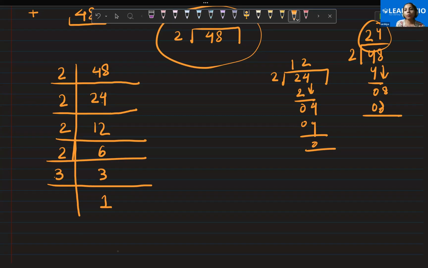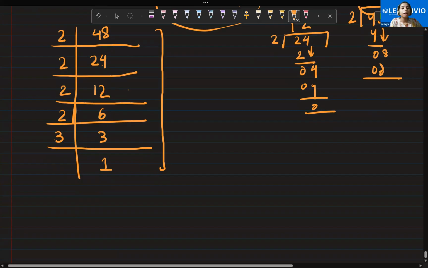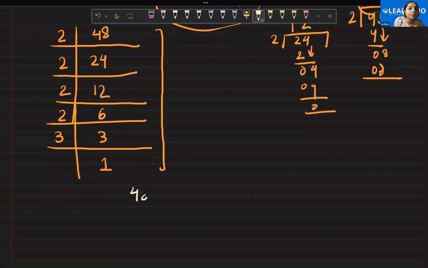Now, what was the point of all this? First of all, is it clear how we were going through every other step, what we were doing here? Yes. Okay. Now the final answer is, I will write 48 is equal to, and I will write all the numbers that I got on this side.